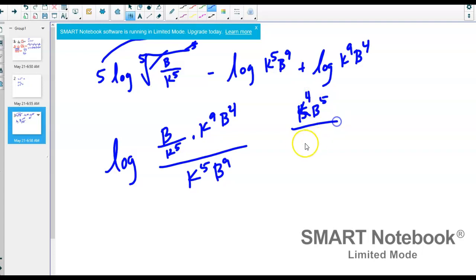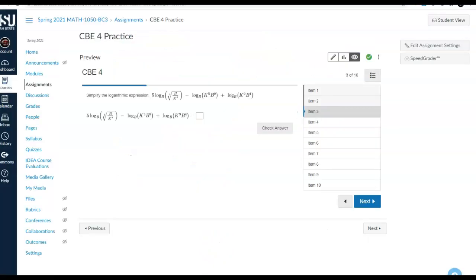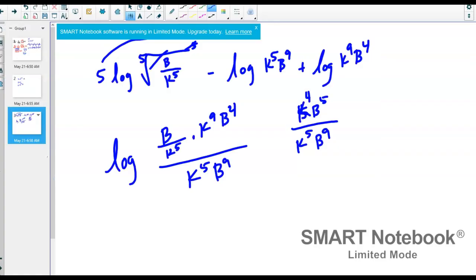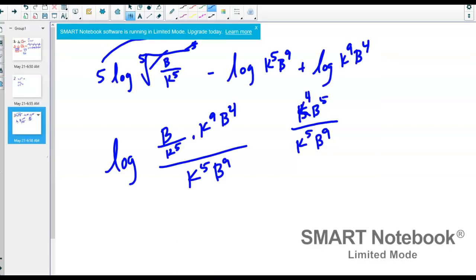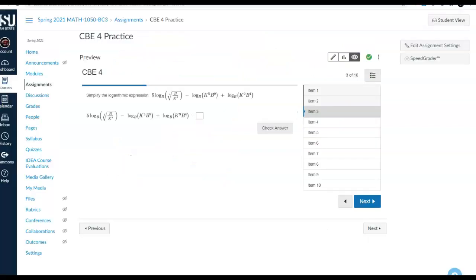K to the 4th, and then all over K to the 5th, B to the 9th. So make sure I wrote that down right here. B, yeah, good there. And K to the 5th, B to the 9th. And K to the 9th.